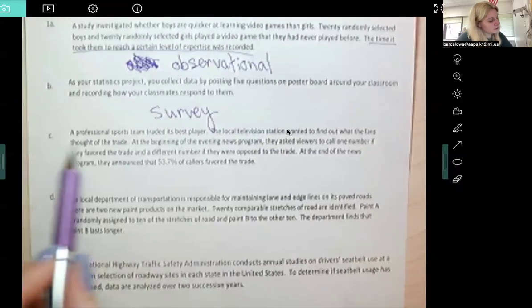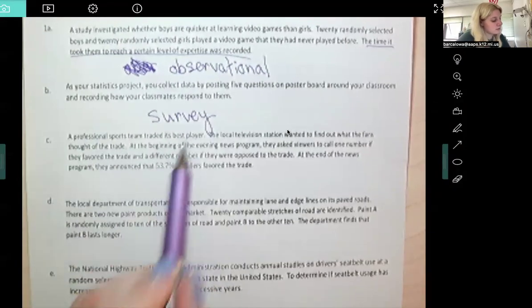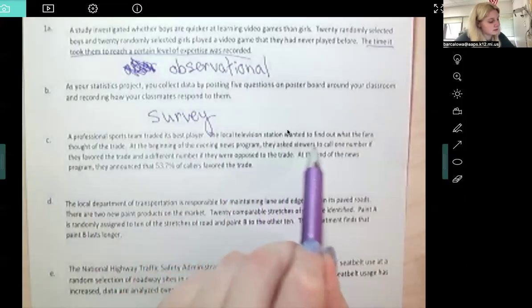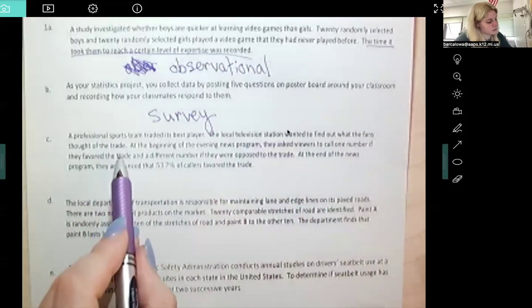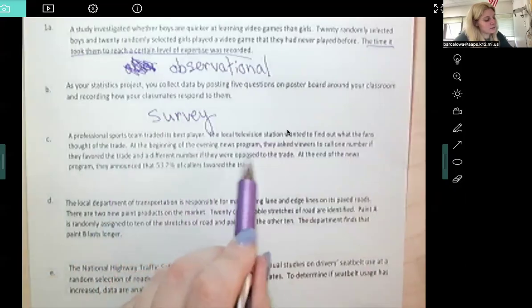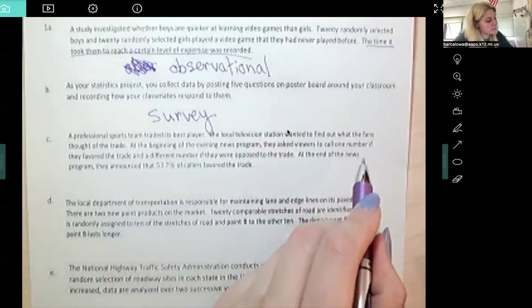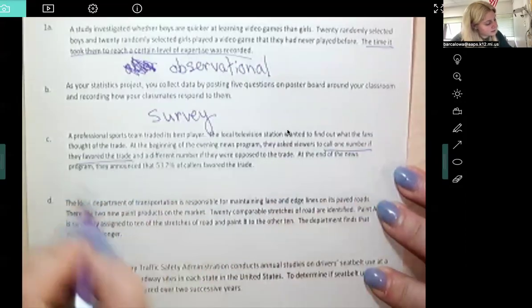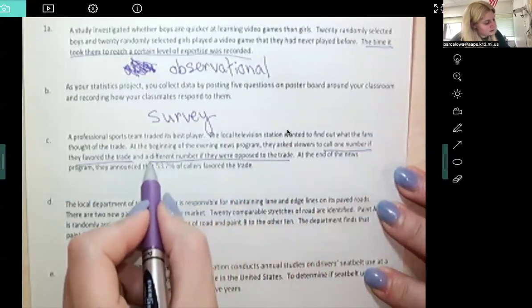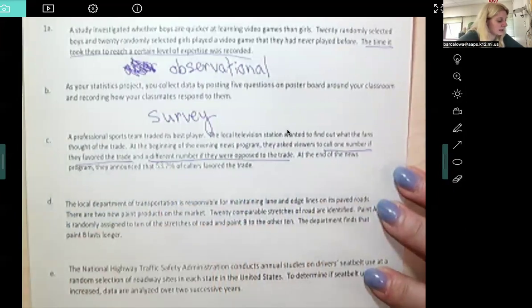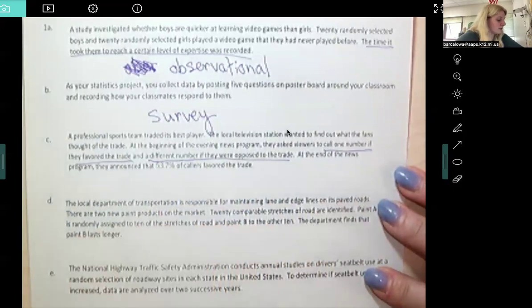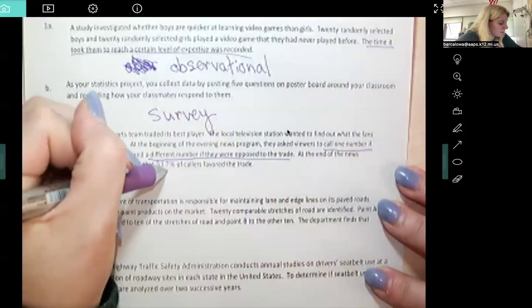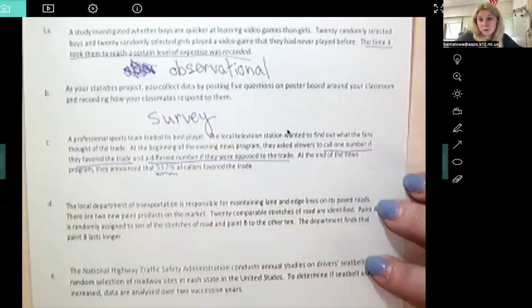Okay, a professional sports team traded its best player. A local television station wanted to find out what the fans thought of the trade. At the beginning of the evening news program, they asked viewers to call one number if they favored the trade, and a different number if they opposed the trade. At the end of the news program, they announced 53.7% of callers favored the trade.